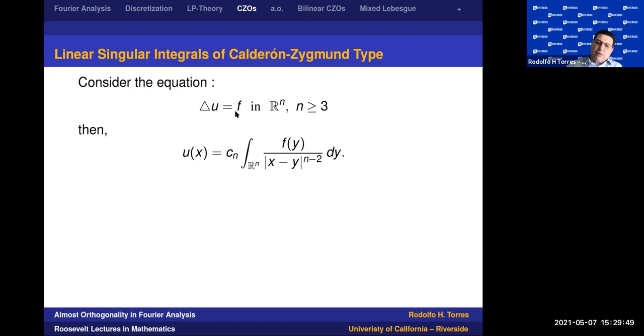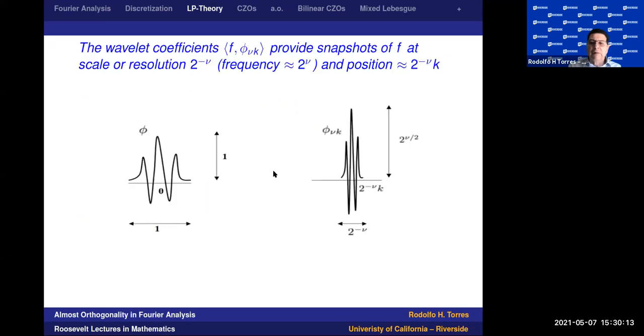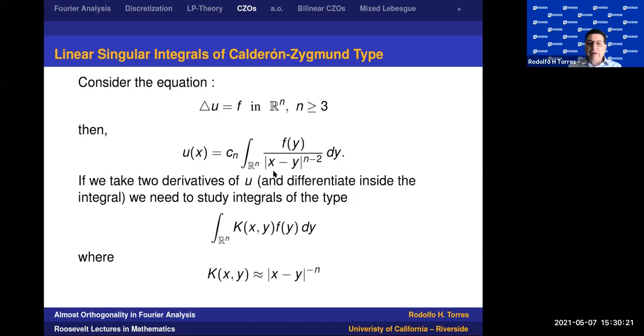Well, if this is supposed to solve this equation, I want to see what happens when I take 2 derivatives of u. So imagine taking 2 derivatives of the function u and formally moving those derivatives inside the integral. The only dependence on x is here. So every time you take a derivative of this expression, you increase this power by 1.